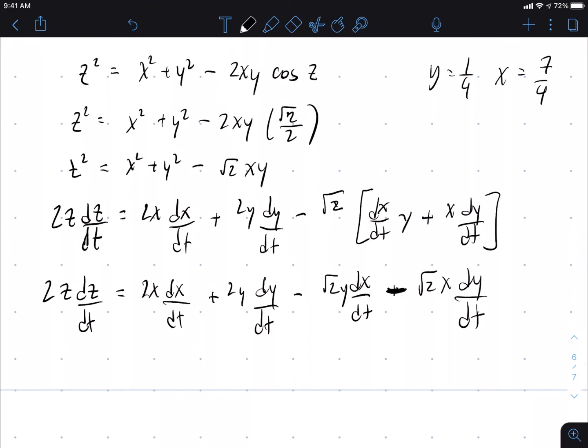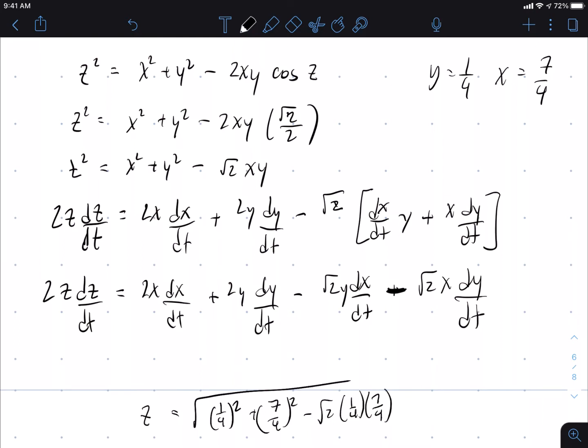What is z going to be? I guess I'll have to do it. z is going to be, and I'll just write it right here and not erase it, 1/4 squared plus 7/4 squared minus root 2 times 1/4 times 7/4.